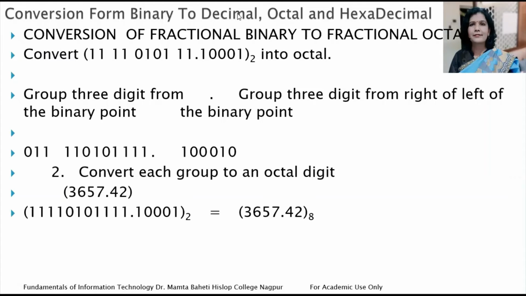So see here how we will write it. ये एक group, ये एक group, this one, this one, this one and this one. So this is 3657.42. So we will write it in this way.